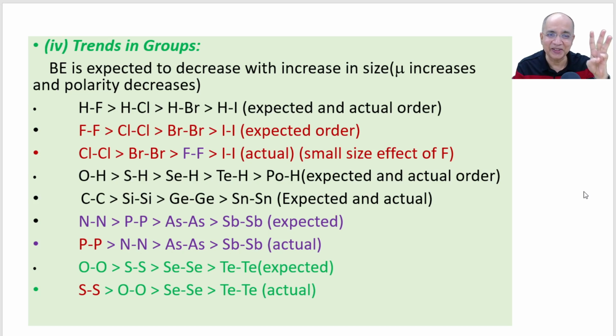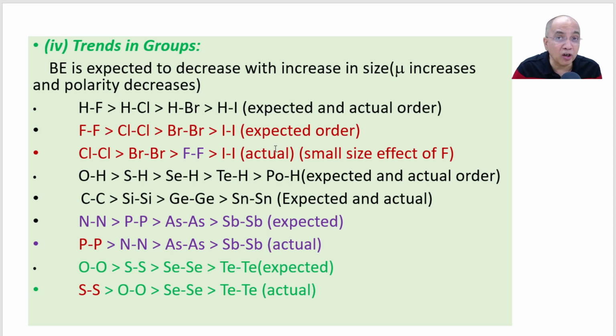I'll tell you why. First let us take up HF, HCl, HBr, HI. As expected, the bond energy is in this order because the size goes on increasing from fluorine to iodine. So expected order and actual order are the same, no anomaly. But among homonuclear bonds, these homonuclear diatomics, they exist as diatomic molecules, there is an anomaly.